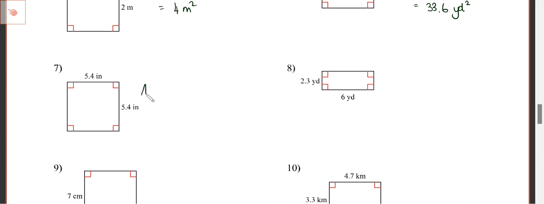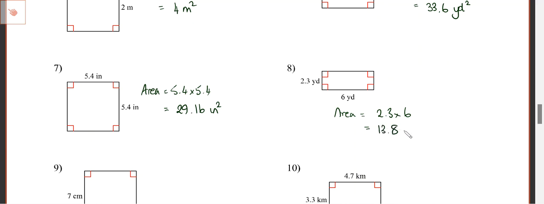Number 7, 5.4 times 5.4. Number 6, square inches. This one I've got my area is 2.3 times 6, which is 13.8, square yards.